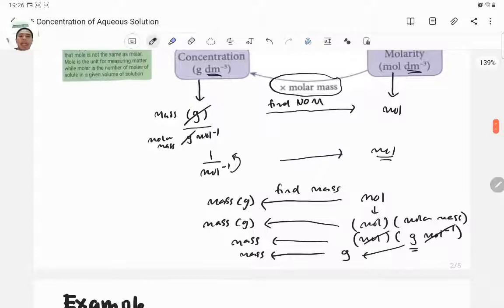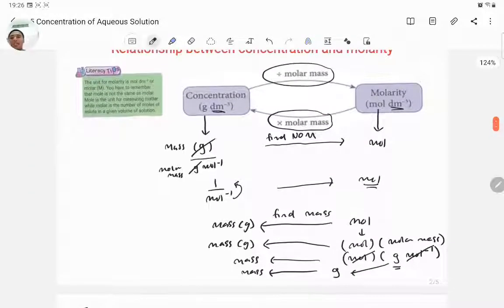That's why dia mention kat situ, if let's say we have the concentration need to convert to the molarity, apa yang perlu kita buat hanyalah divide with molar mass. And then if let's say we have the molarity, kita perlu multiply sahaja dengan molar mass. Kita akan dapat concentration in gram dm3.